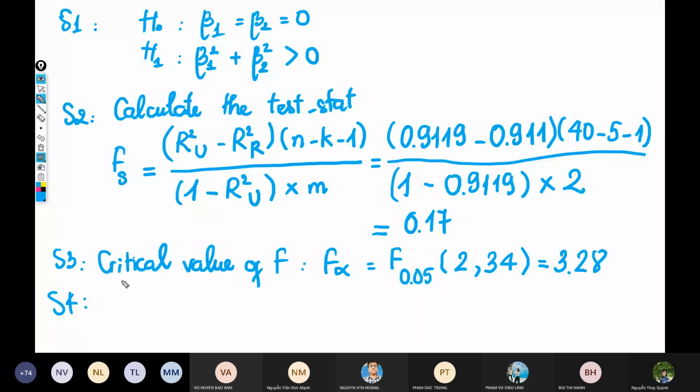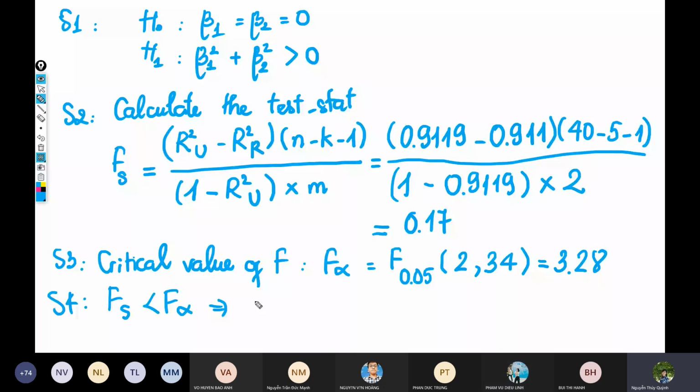We see that Fs is smaller than the critical value of F. So we do not reject the null hypothesis.